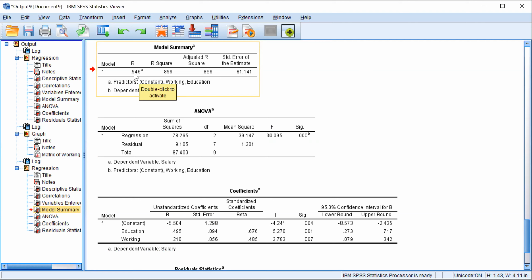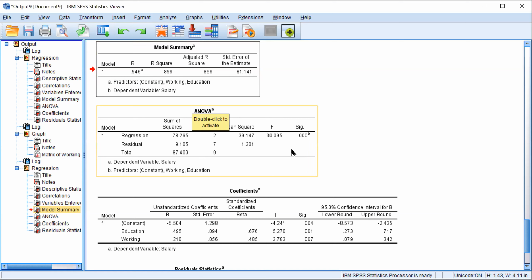Together, this is 0.946, which is increased compared to education alone. The two predictors combined explain 89.6% of the variation in salary. And the standard error of the residuals, the average error around the regression line, here the regression plane, is further reduced, because the two predictors together explain more variation in salary.